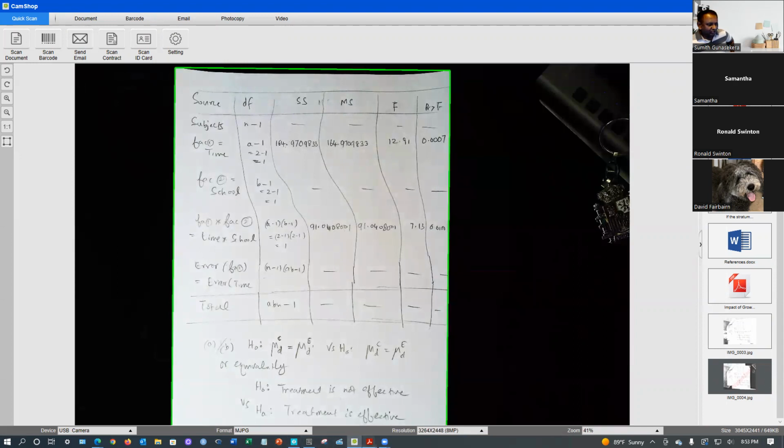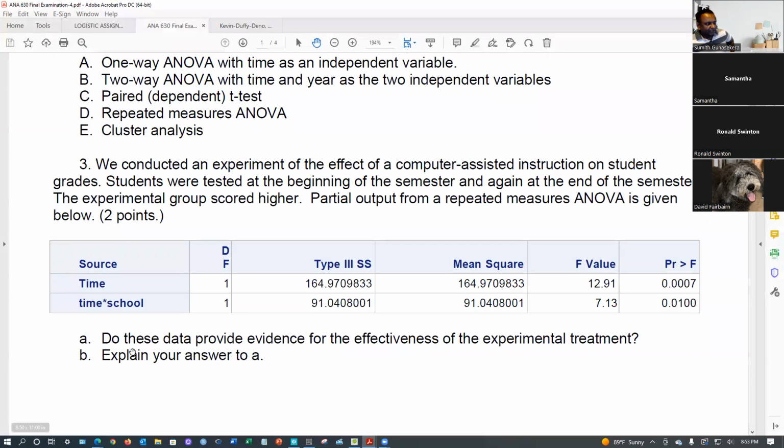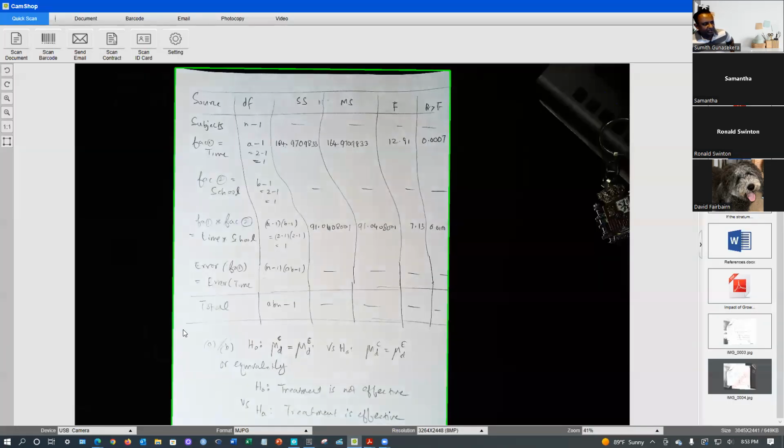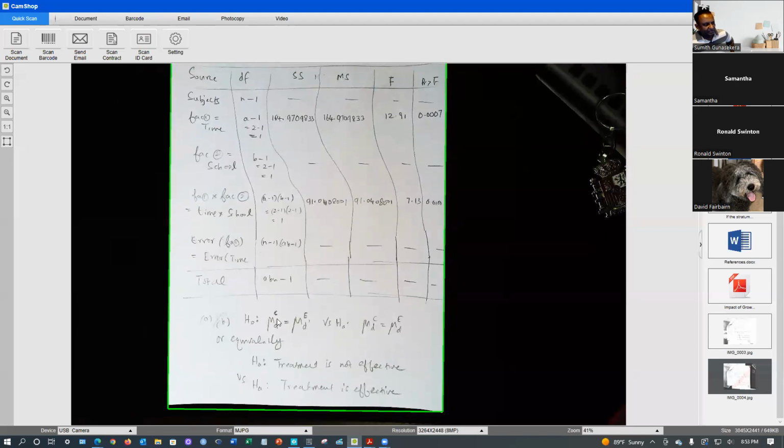Okay, so let's look at what they were asking about. Does this data provide evidence for the effectiveness of the experimental treatment? Yes, this is the treatment. If we go back to this one, I'm going to say the difference: the difference of the grades before and after in the control group, the same as in the experimental group.